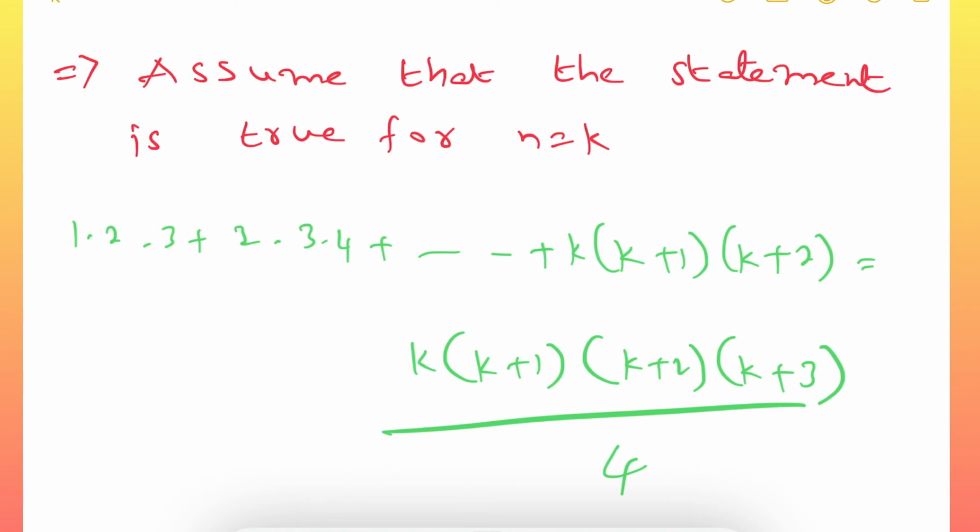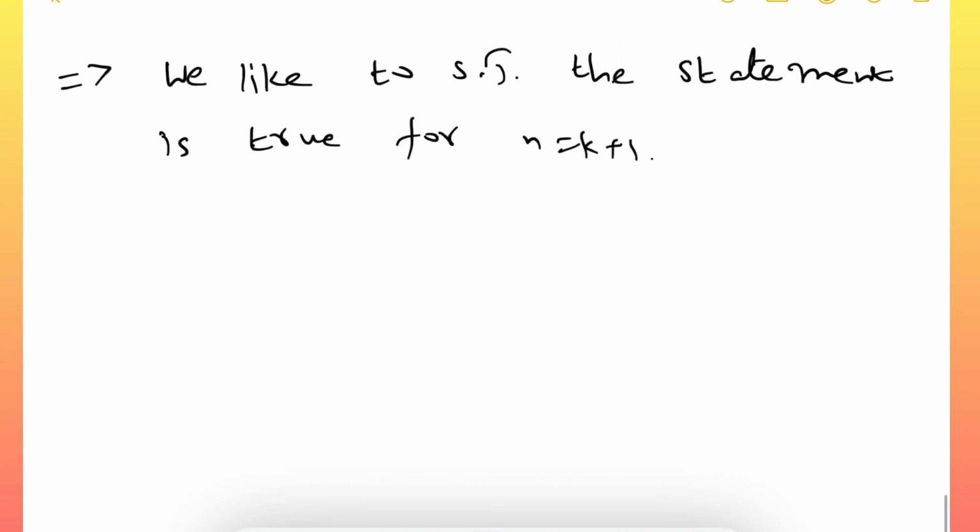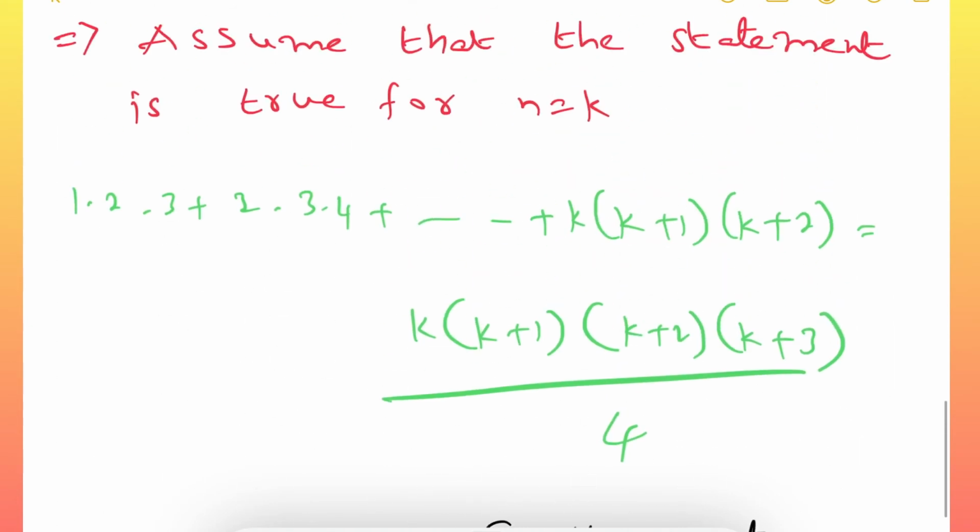Now let us move to the third step. In the third step, we would like to show that the statement is true for n equals k plus 1. That is, just simply in the place of n we need to substitute k plus 1.